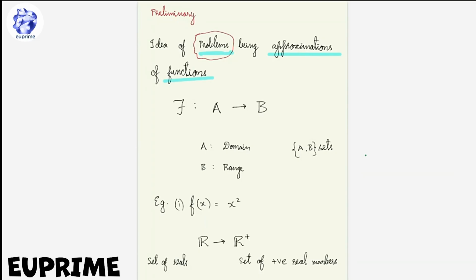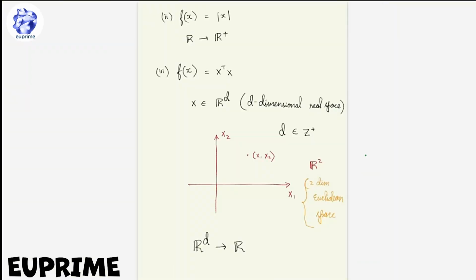If you're able to find a map, then you can do a lot of interesting things like prediction. A function is defined as a map between two sets, domain and range. If you take an example of a function f(x) = x², it's a mapping from R to R. As long as there is a mapping between two sets, you're dealing with a function, and your ability to predict or approximate these functions solves lots of problems.